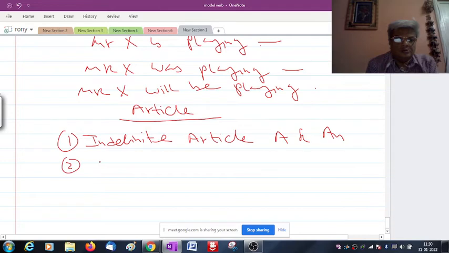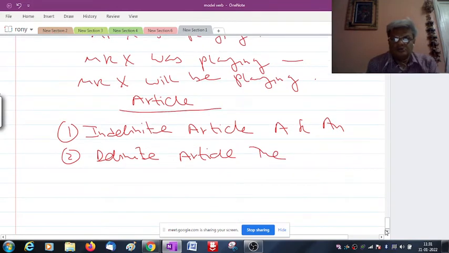Number two, definite article, the. Okay, so we know whenever we are not specifying any particular thing, we use a and an.